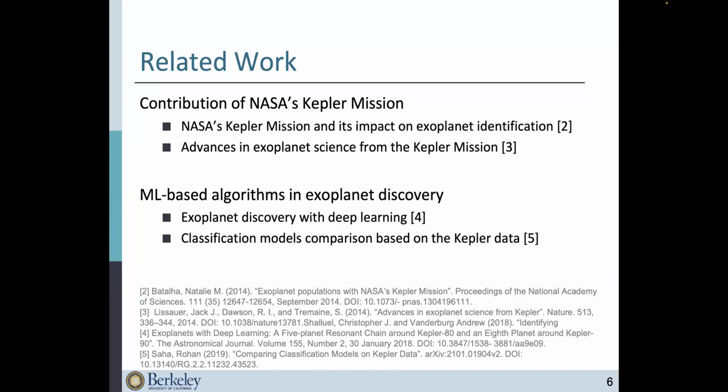Generally, this mission collected a large amount of data, and a lot of characteristics of potential exoplanets. Because it has a very comprehensive dataset, we can use some machine learning-based algorithms in exoplanet discovery based on this dataset.